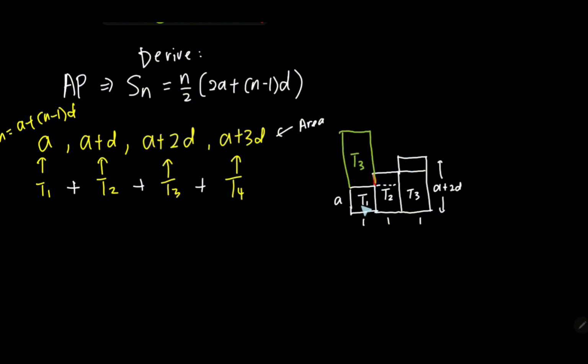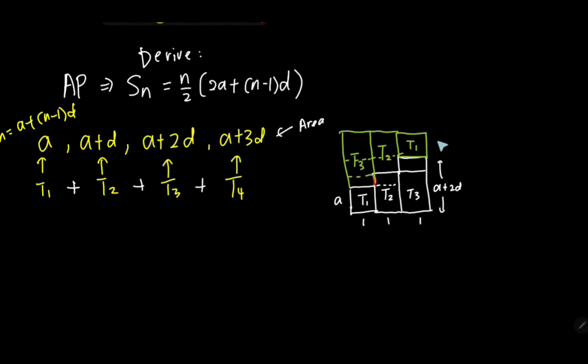And then I will add the T1 on top of T3. This is my T1. And then the middle one, I will add back the same T2. You can imagine it makes quite a lot of sense. Now it becomes a big rectangle.